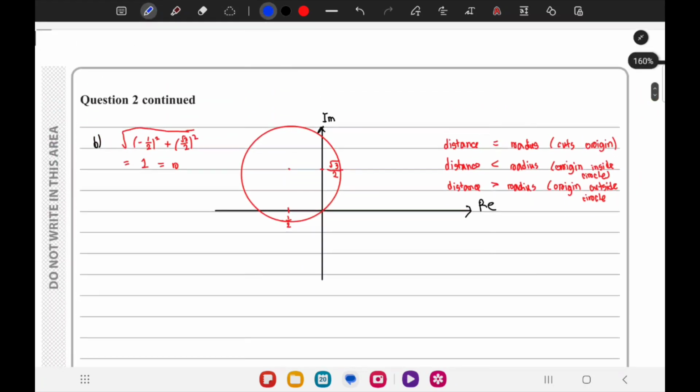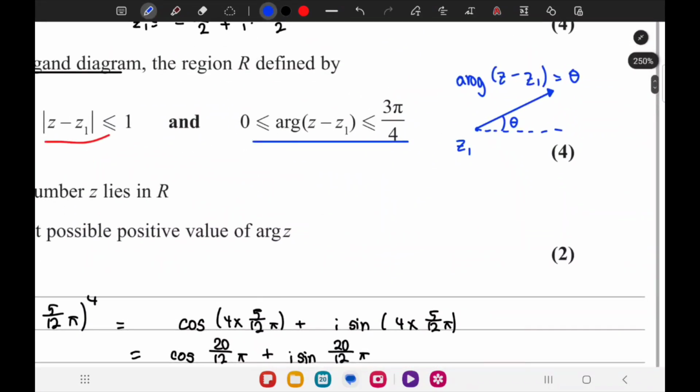Now for the half line. The half line begins from z1 as well, and it's between two angles. The first one is 0, so this angle over here, which is 0 degrees from the positive x-axis, positive real axis, and this angle over here is 3π/4, which is around 135 degrees, so an obtuse angle like this.